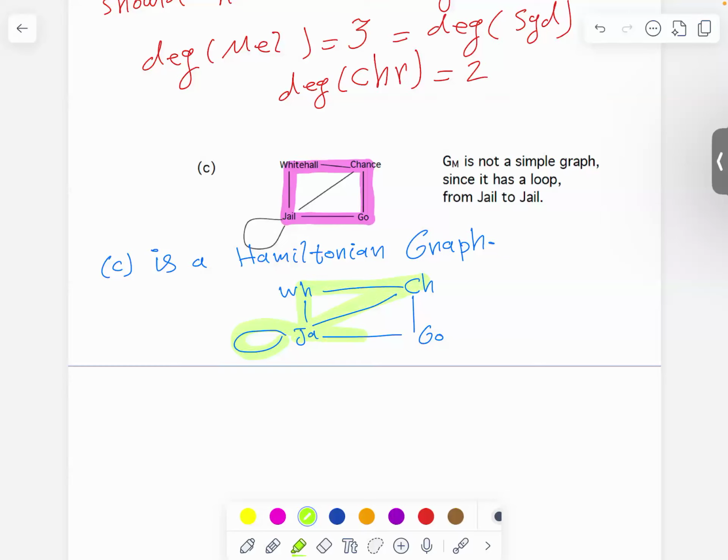I couldn't find one. What about this one? Starting from here, this can be just canceled. Why? If I have to use this one, then I don't go back to James. So it's not Eulerian.